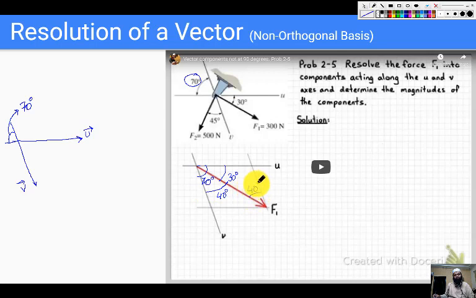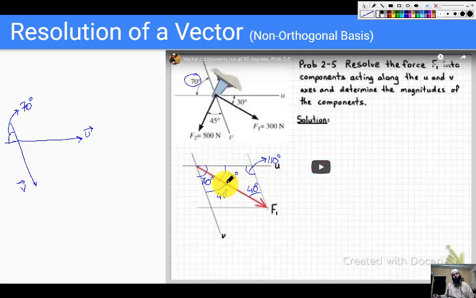Okay, and so the remaining angle, because the sum of the three angles of a triangle is 180 degrees, I can say that this angle is equal to 110 degrees.